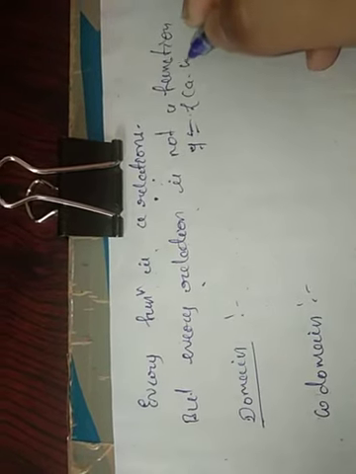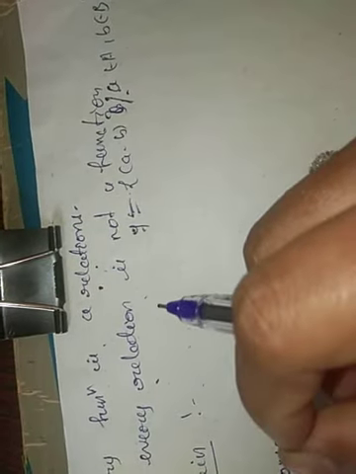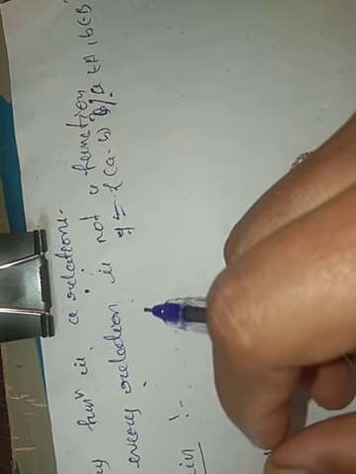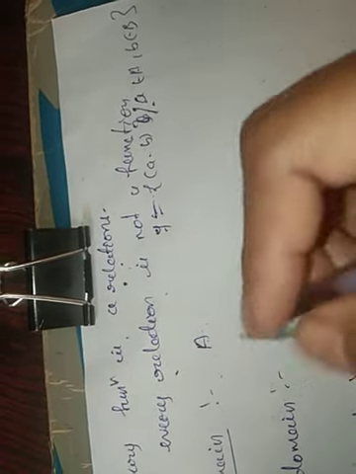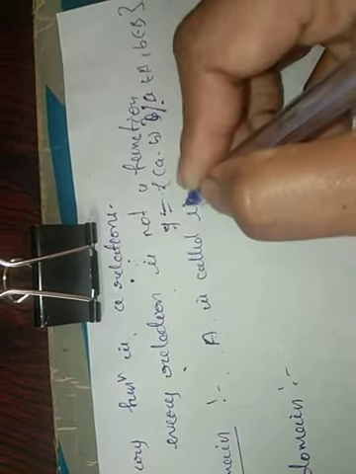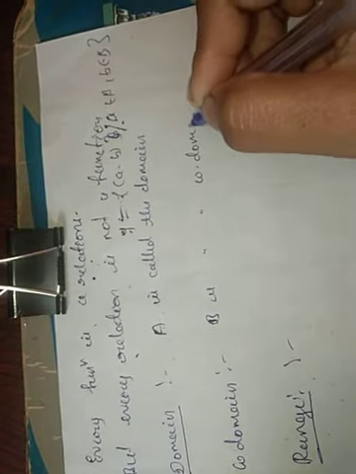Suppose f is your function or relation of ordered pairs (a, b), where a belongs to set A and b belongs to set B. Then the domain of f is the set A. The set A is called the domain, and the set B is called the codomain.